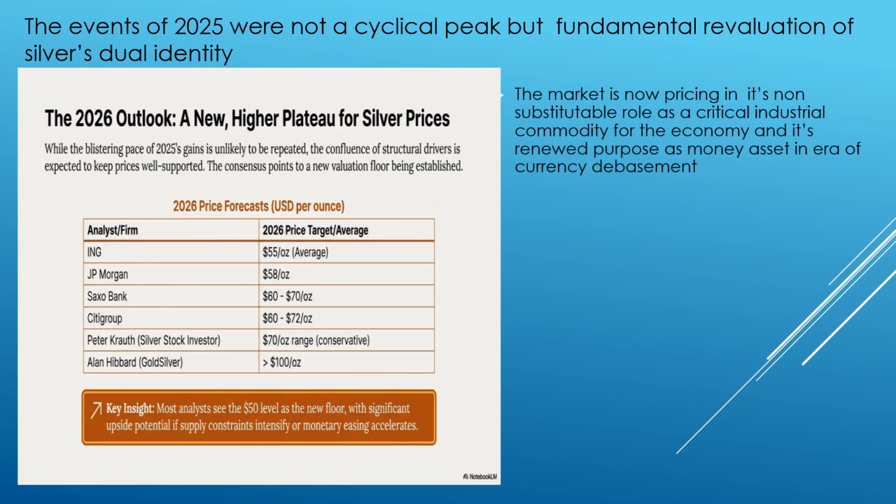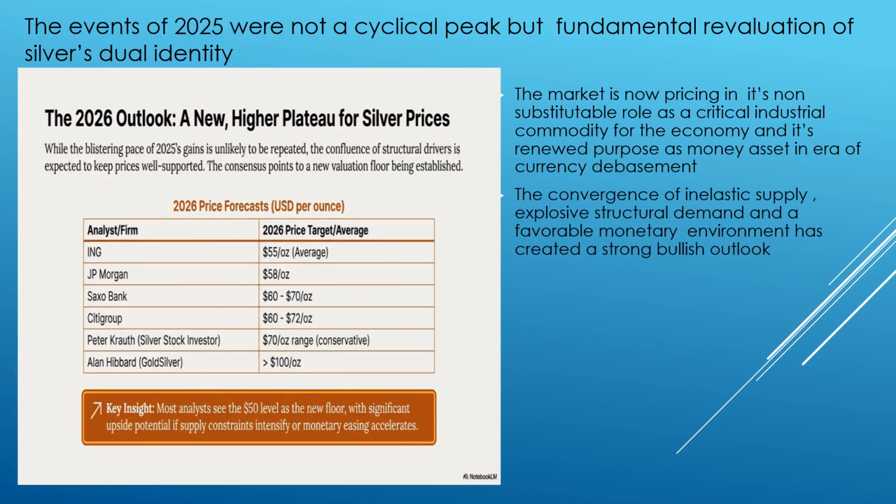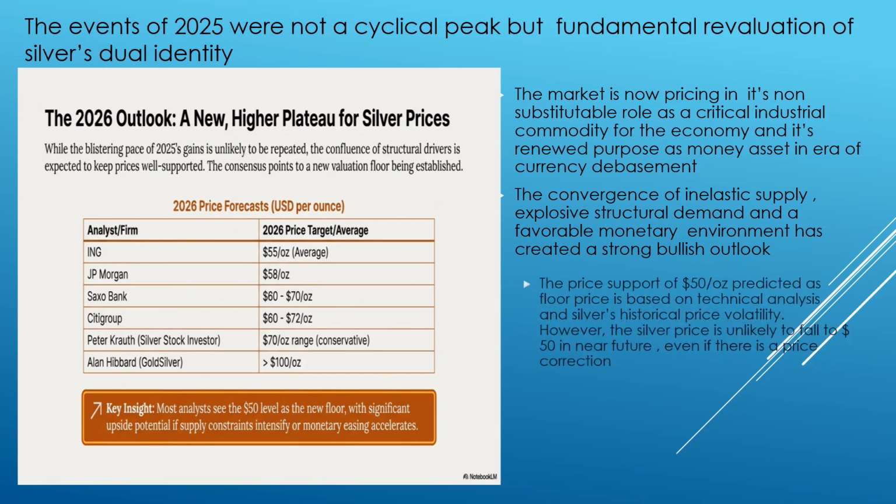The market is now pricing in its non-substitutable role as a critical industrial commodity for the economy and its renewed purpose as a money asset in the era of currency debasement. The convergence of inelastic supply, explosive structural demand, and a favorable monetary environment has created a strong bullish outlook.